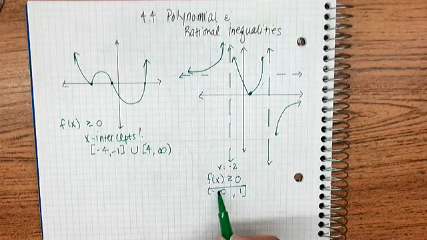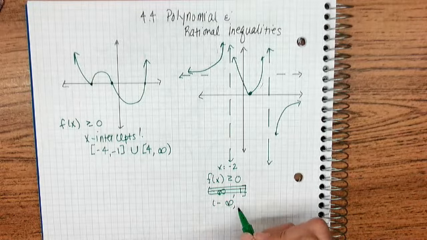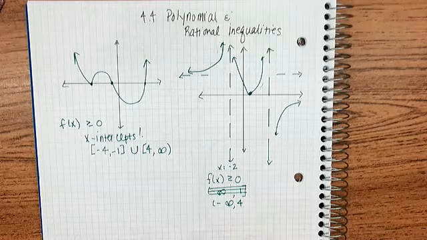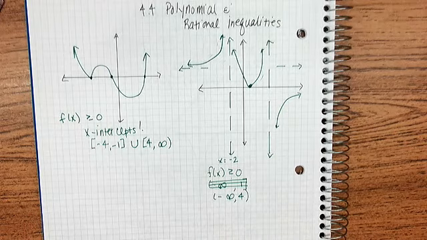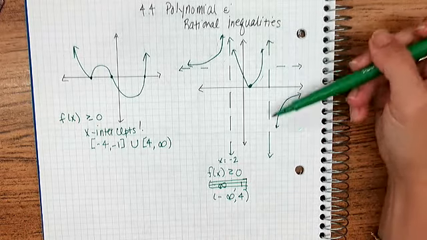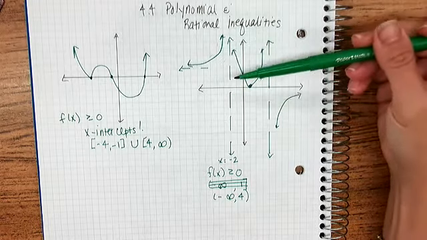So this is not correct. It should have been -infinity to 4. And this is not right either, but I purposely messed this one up. Asymptote, never included. So something's going on here though.